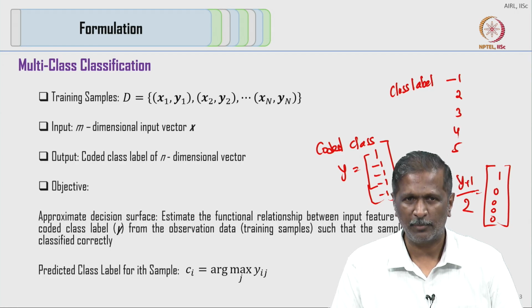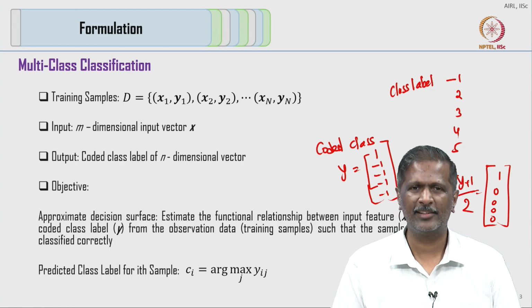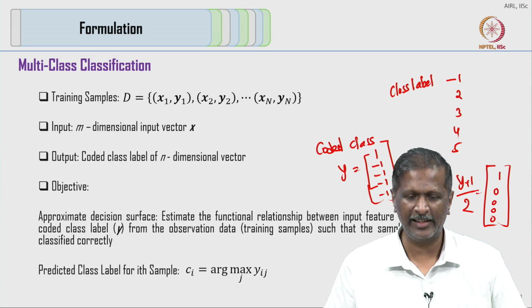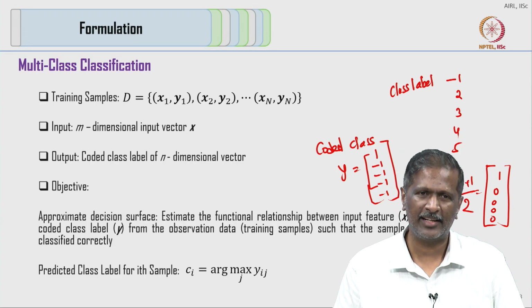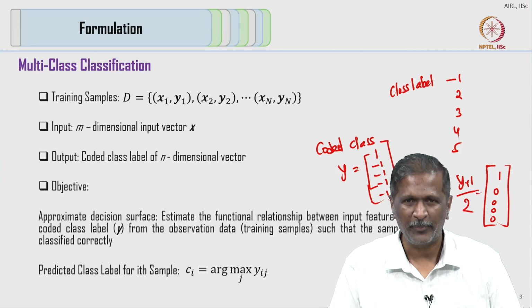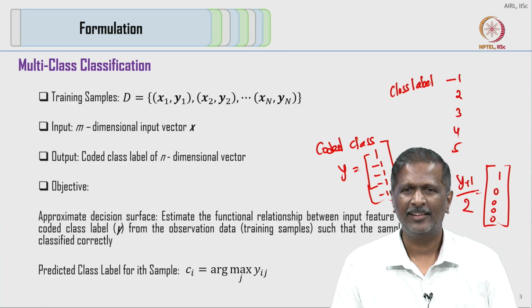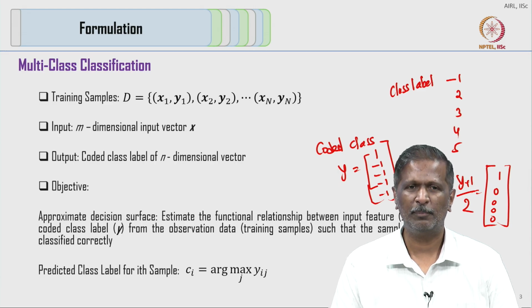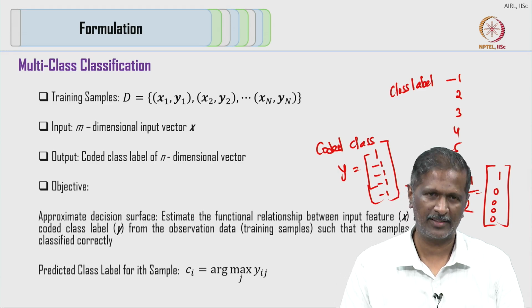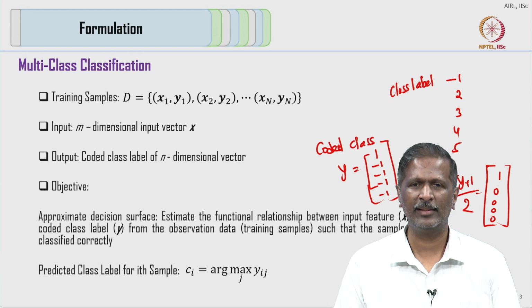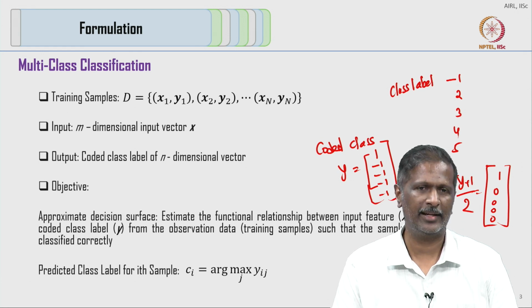So my objective is to find a decision surface which relates the input feature x and a class label y, using the n data samples that we have, that is, the observation samples, such that the neural network gives you maximum classification performance, or all the samples are classified accurately.